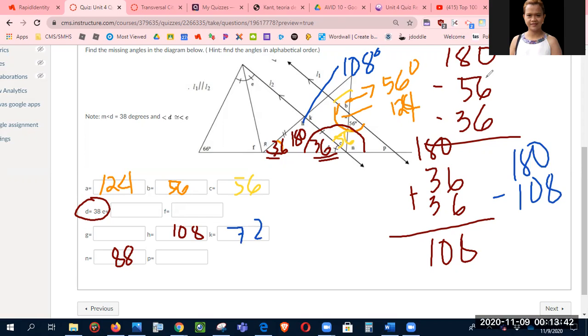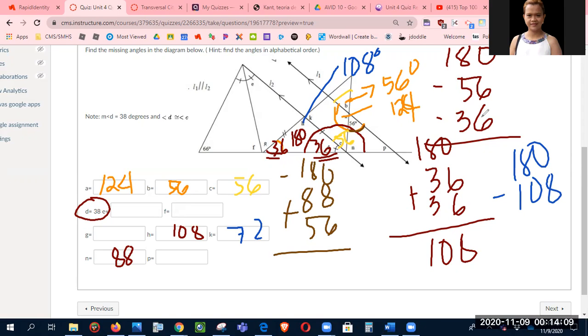If K is 72, then P. What is N again? N is 88. If N is 88 and this is 56, you add them and subtract from 180.